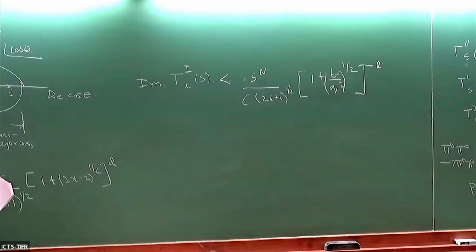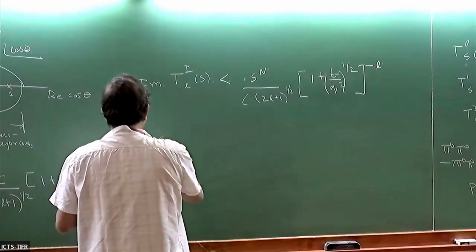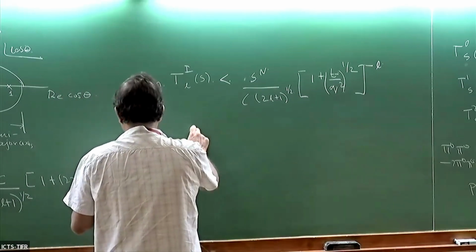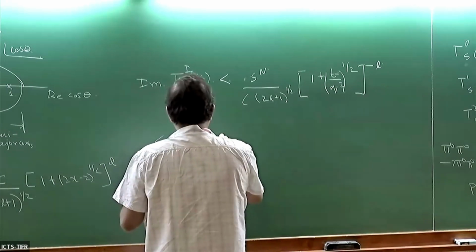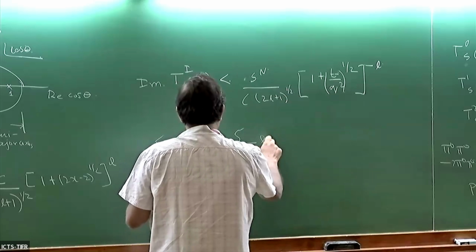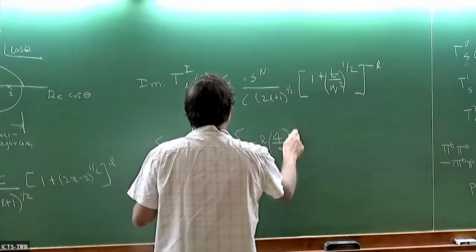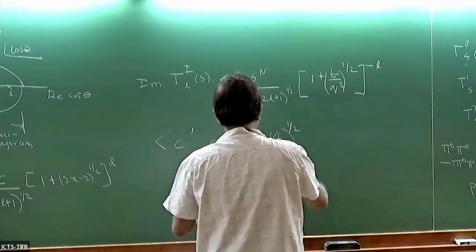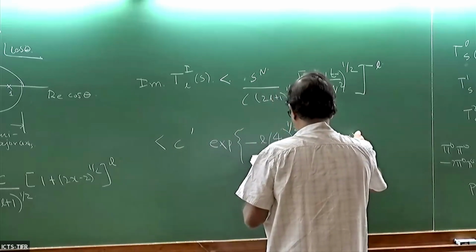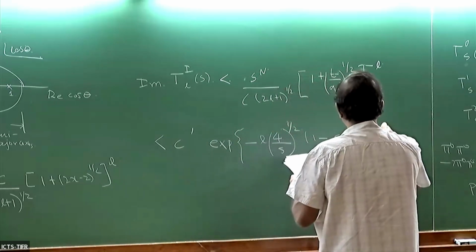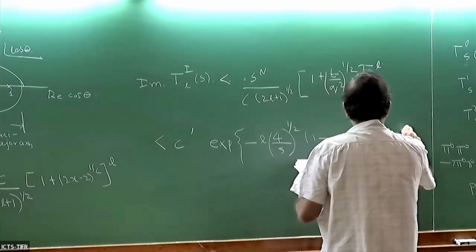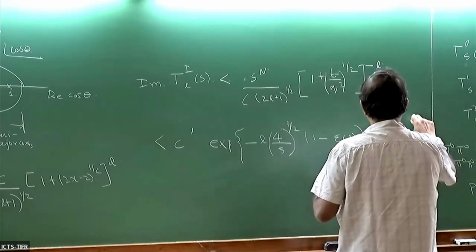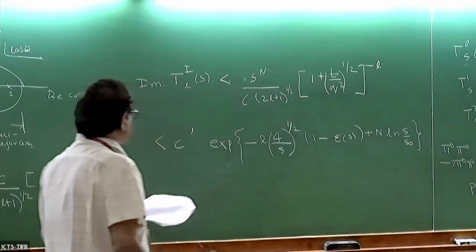And I'm only going to be interested in those parts of this expression which are going to contain some energy dependence. So after all that talk, you will not disagree with me that I can rewrite this as some constant C prime times exponential of minus L times 4 by S to the half, like this, times 1 minus epsilon of S, plus n times logarithm of S. But S is a dimensionful quantity, so I have to divide this by some other arbitrary energy scale that is denoted by S naught.